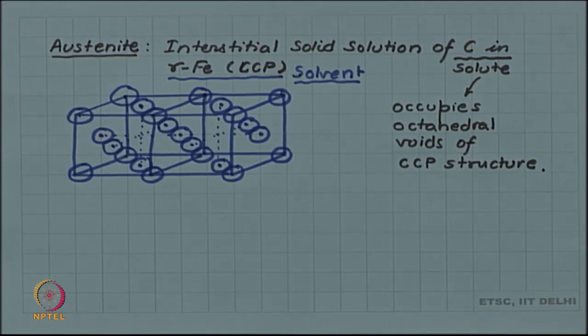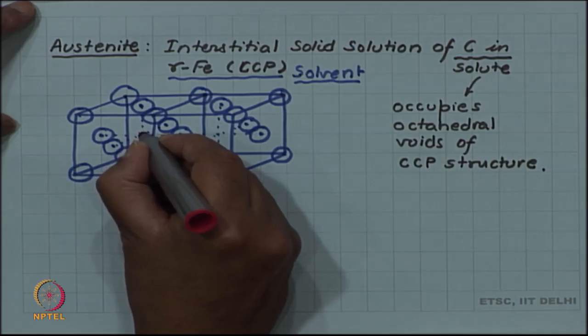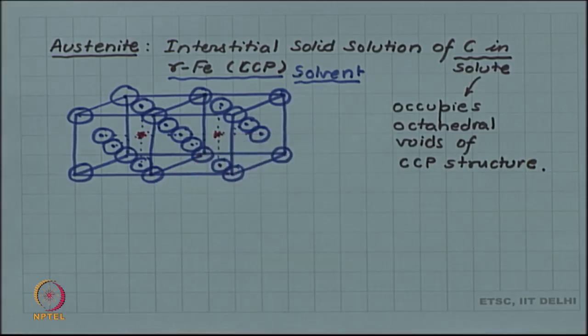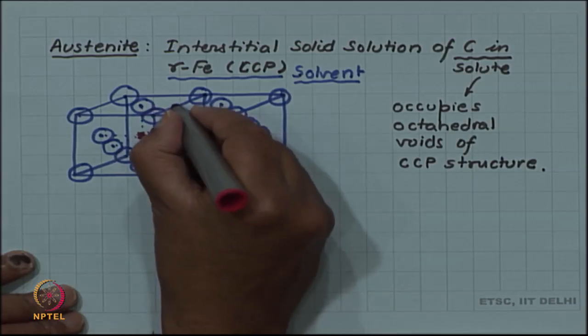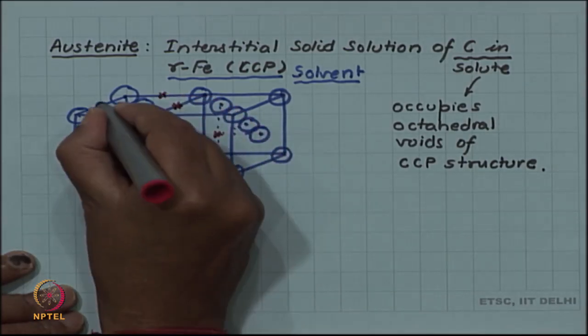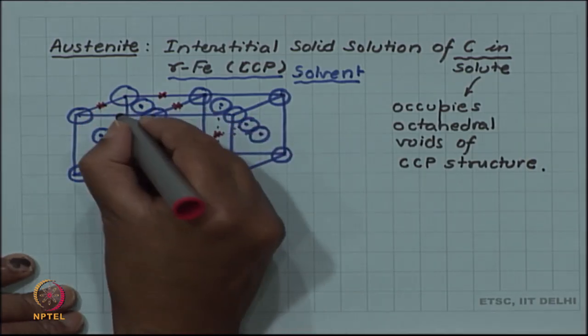If I try to locate the octahedral voids, we have seen that the octahedral void is right in the center of the cube. With little crosses I am marking the octahedral voids, center of the cube, as well as the edge center locations are also octahedral voids. Remember our discussion on voids.